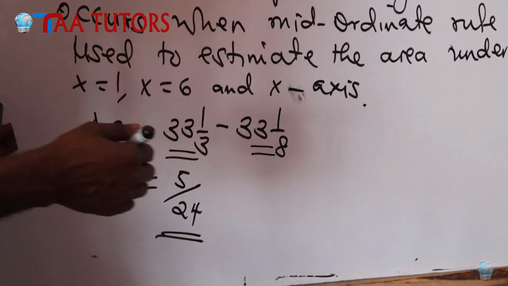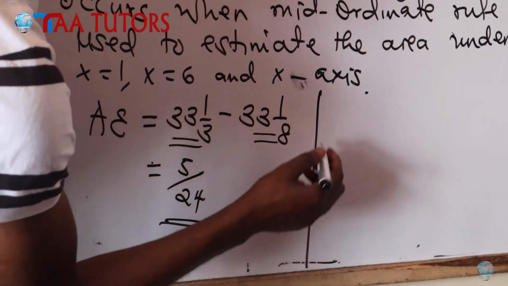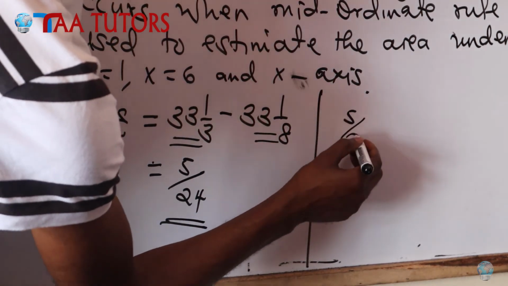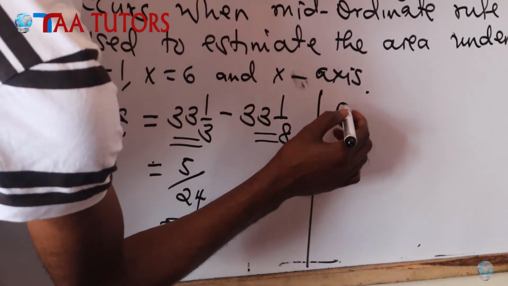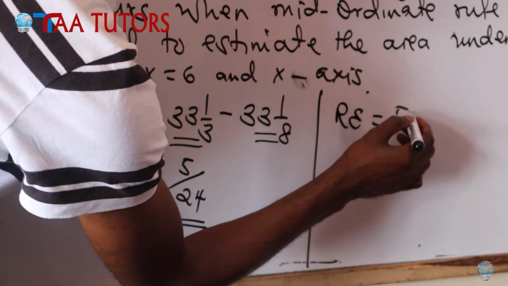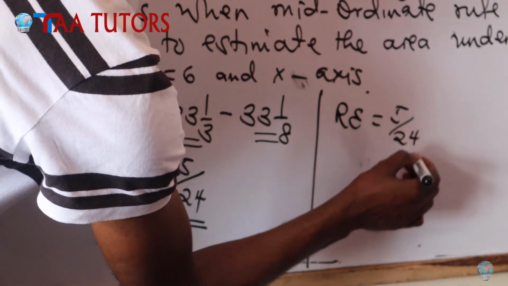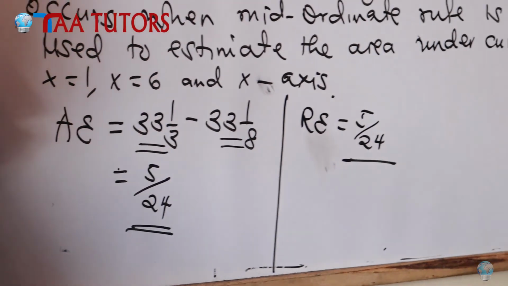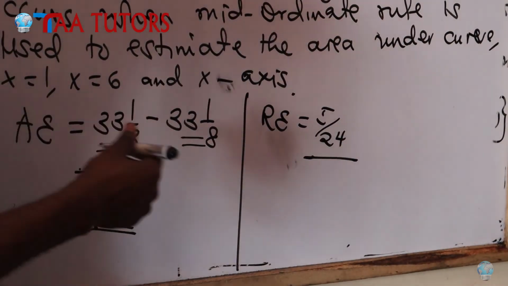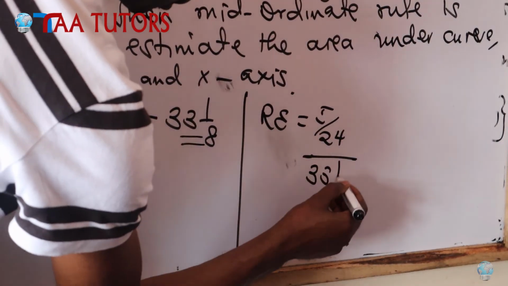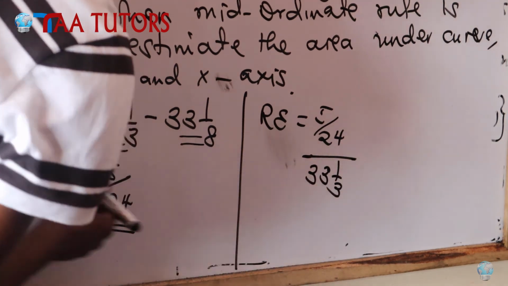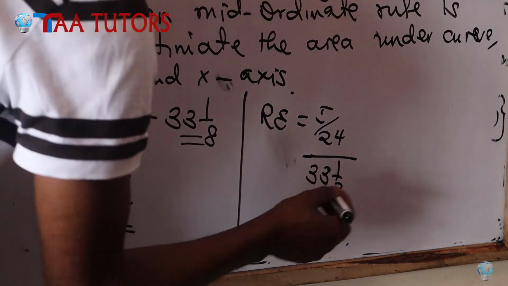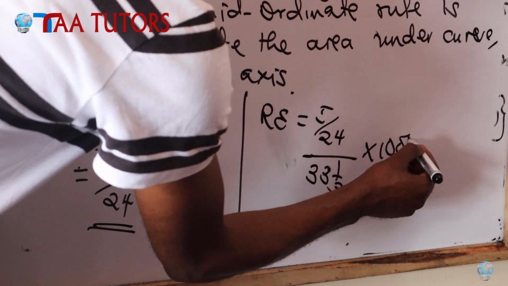For us to get percentage error, we get the relative error, which is 5 over 24, the error, over the actual, and the actual is 33 and a third. So that's the relative error. To get percentage error, we multiply the relative error by 100%.